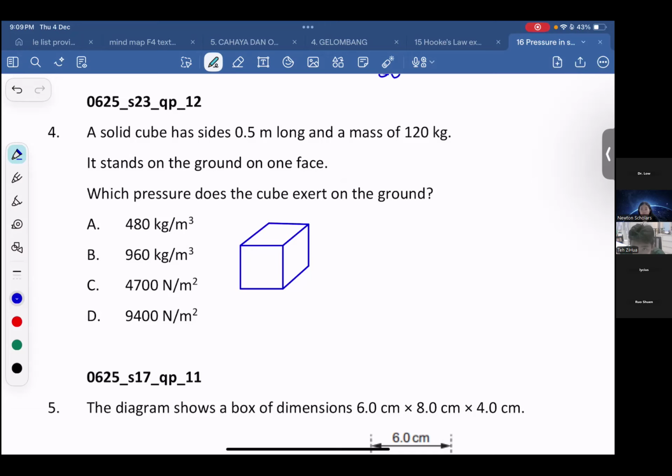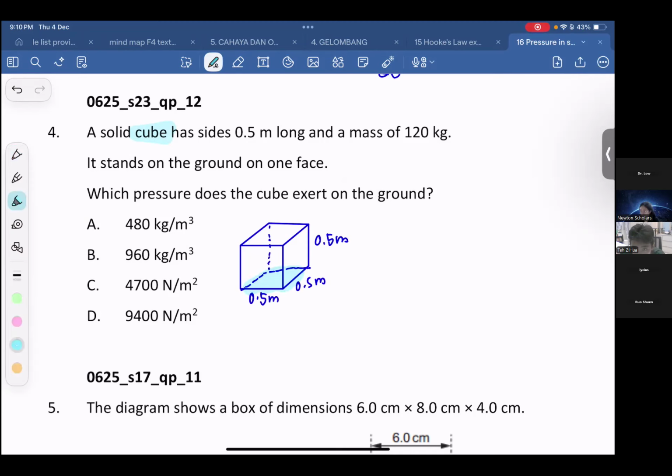Emily, no. Hui Tong, no. Highlight this. Their sides are the same. So here 0.5 m, here also 0.5 m. So if we draw it out, which area do we use? It should be here.